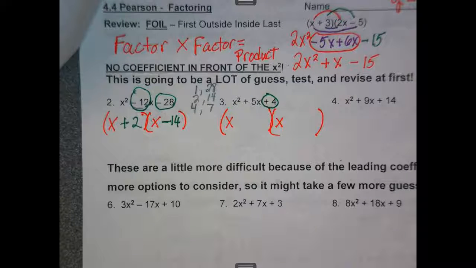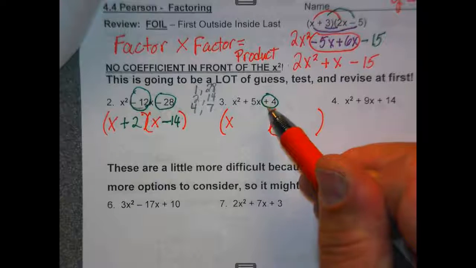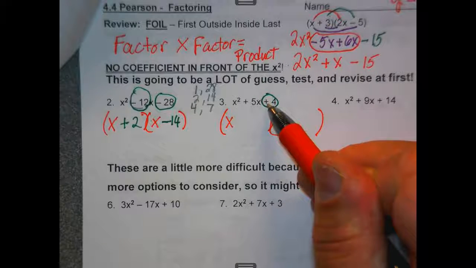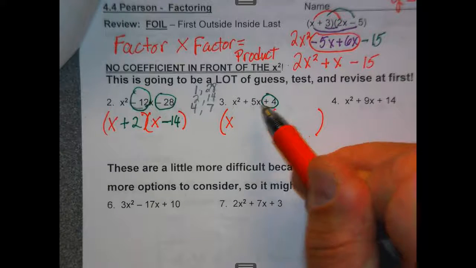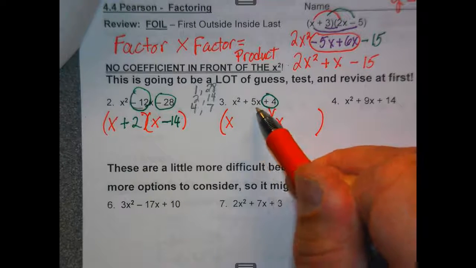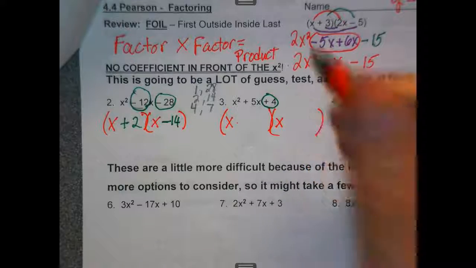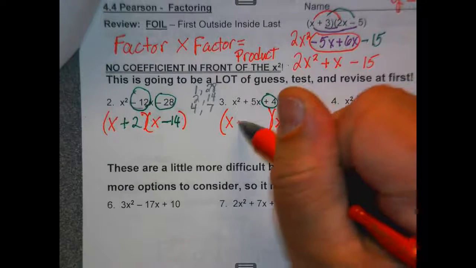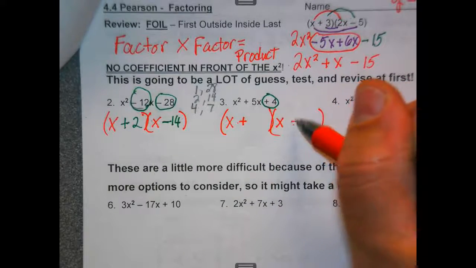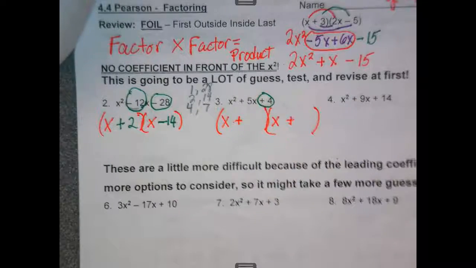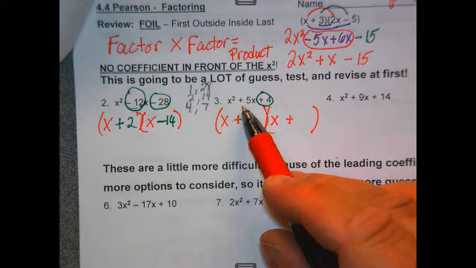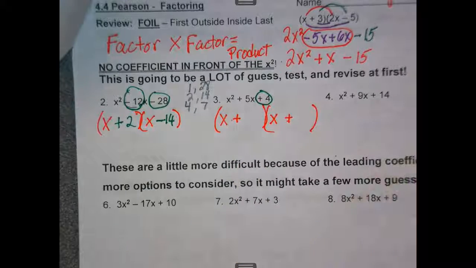So my signs have to be either positive positive or negative negative. I look at my b, it's a positive 5, so these signs have to be positive positive, right? Positive times a positive equals a positive, and they're going to add up to a positive. If I chose negative, there's no way it can add up to positive. Okay?